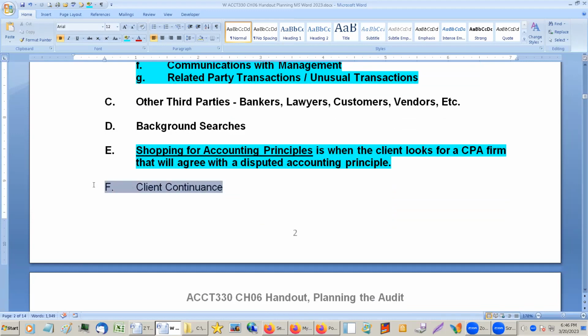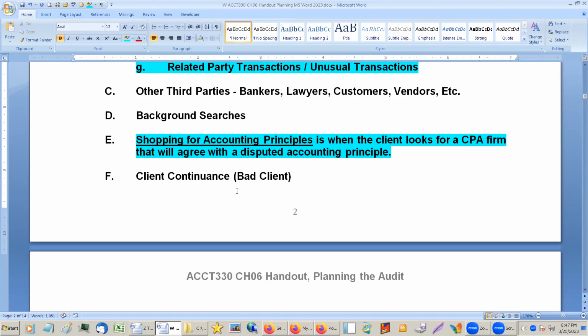Okay, client continuance. Sometimes you get a bad client that you don't want to continue with. You get into the audit, you think everything's going to be okay, and you find out it's going to be a nightmare. You might say, do we really want to keep these people as a client?